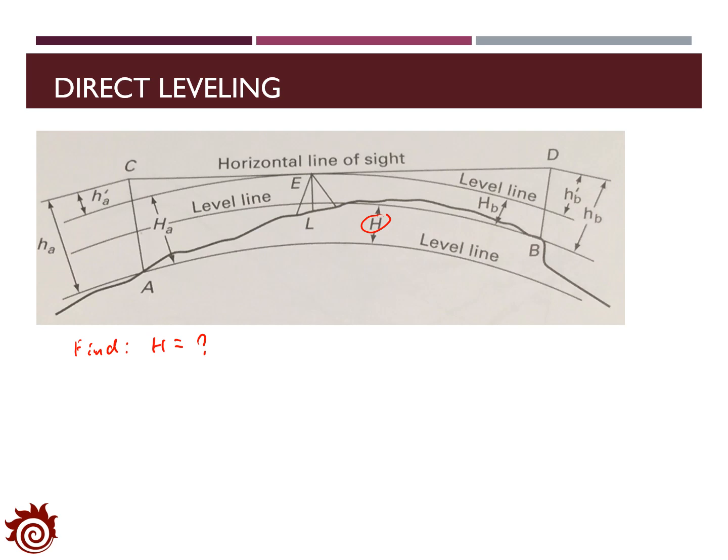In the experiment, we will put a rod at point A and a rod at point B. In addition, a leveling transit will be placed in between.